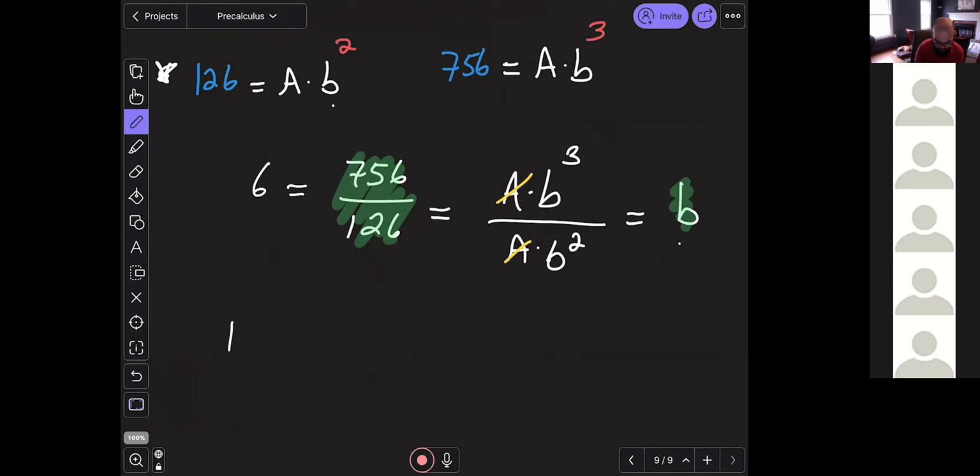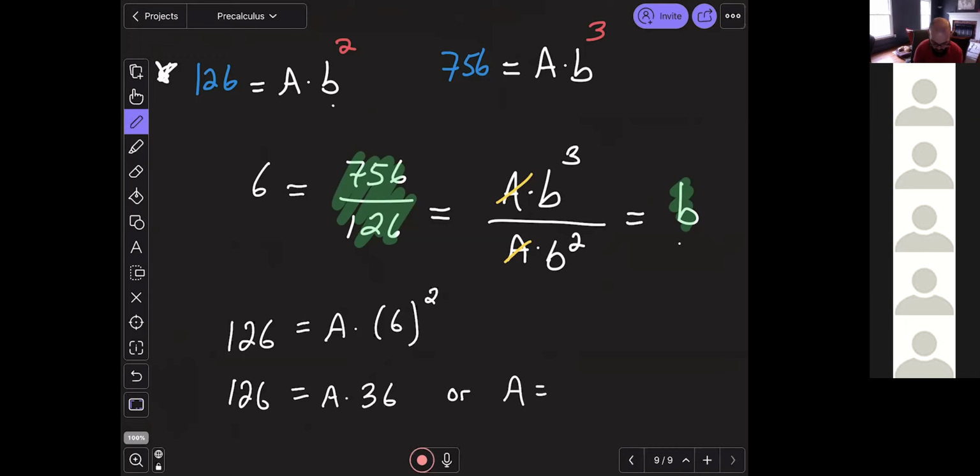What we get is 126 is equal to a times 6 squared. And if I solve this for a, I get 126 equals a times 36, or a is 126 divided by 36, which is 3.5.